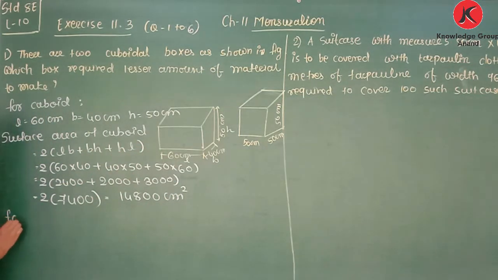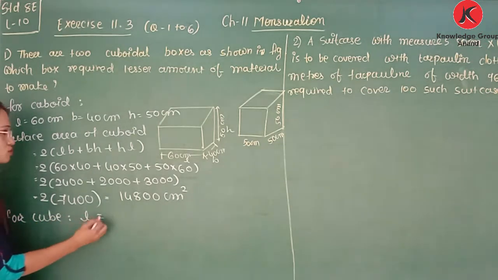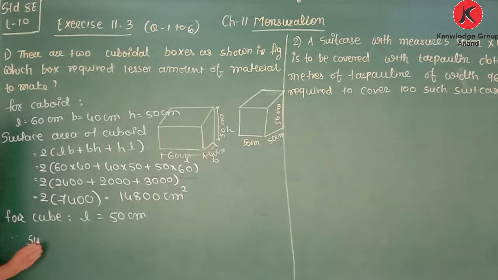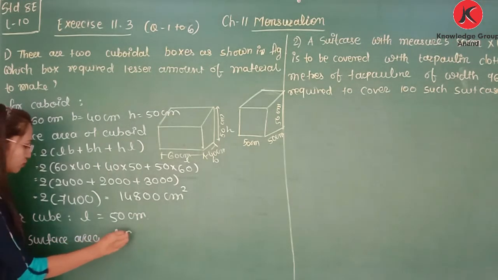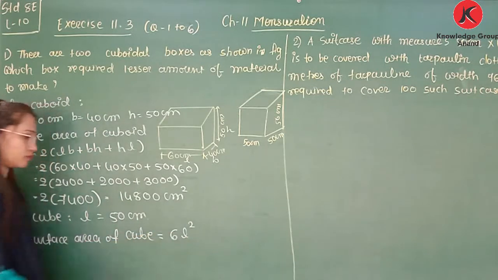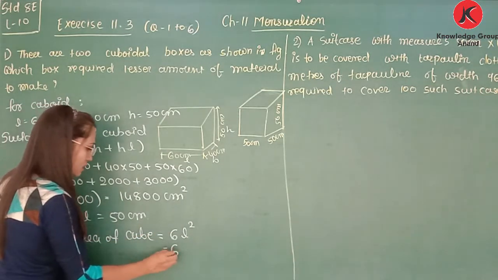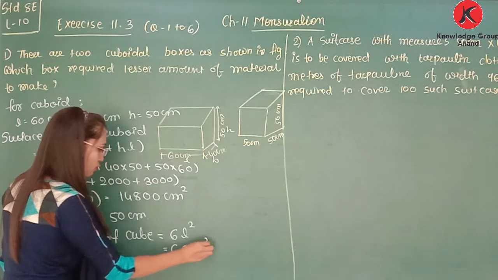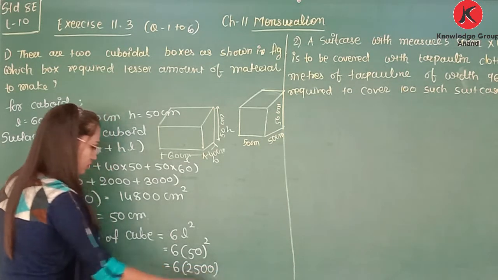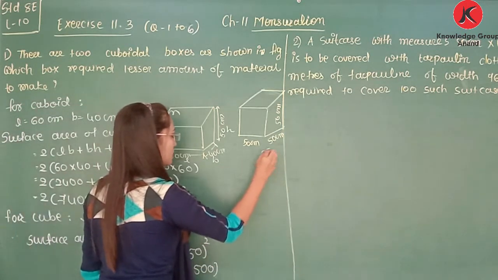Now for cube, we need only length, so that is 50 centimeter. So surface area of cube is 6L square. 6L square means 50 square, so it is 2500. So multiply 25 with 6.